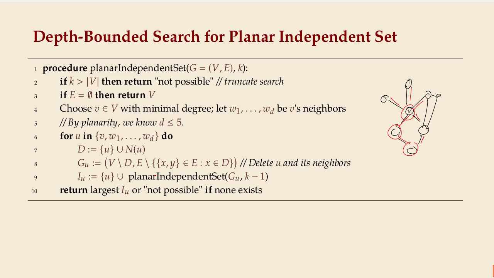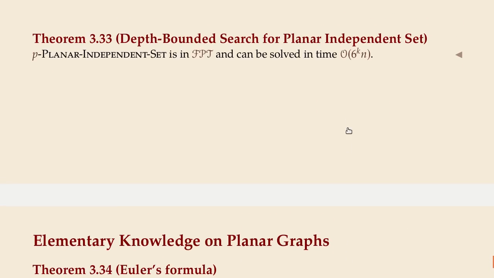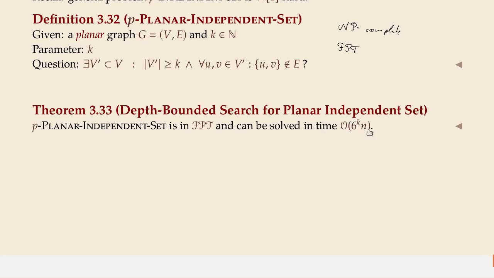And then I recursively check for all 6 or less possibilities whether I can find an independent set with that size at least. And I always included one node, so I always make the parameter 1 smaller. And then in the end, take the best one of these. So this is finally the algorithm that's going to have this time and yield a proof to this claim.